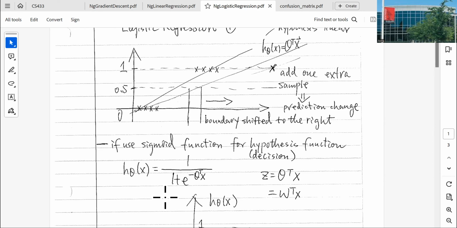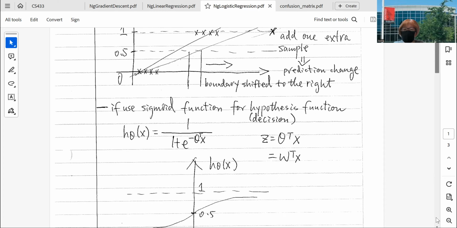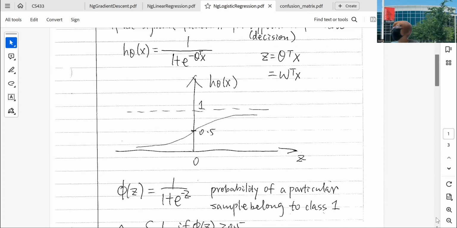So basically, this is the sigmoid function: 1 over 1 plus... Okay, that's the format of the sigmoid function. So if we use a sigmoid function, then we will see the situation completely changed.